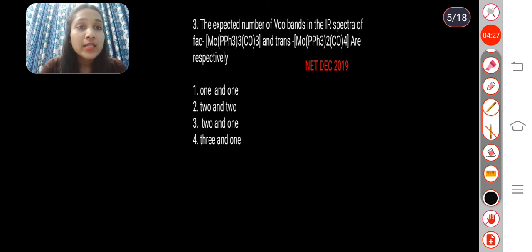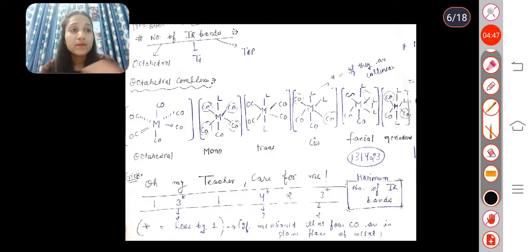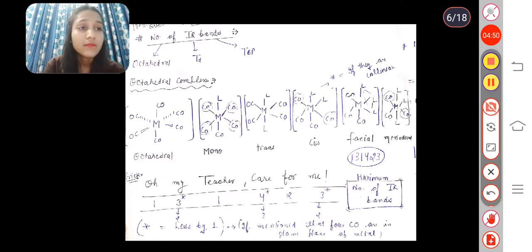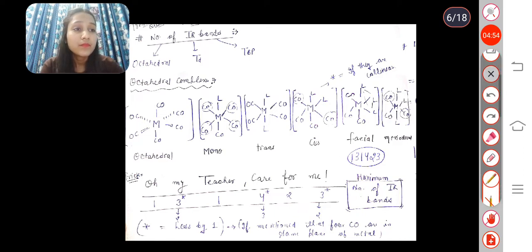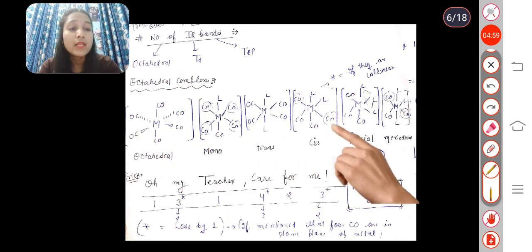Now the next question is the expected number of νCO bands in the IR spectra of the facial compound and the trans compound, respectively. So here we have to tell the expected number of IR signals for facial and trans. So whenever a question like this comes, you should learn a trick for octahedral complexes basically.